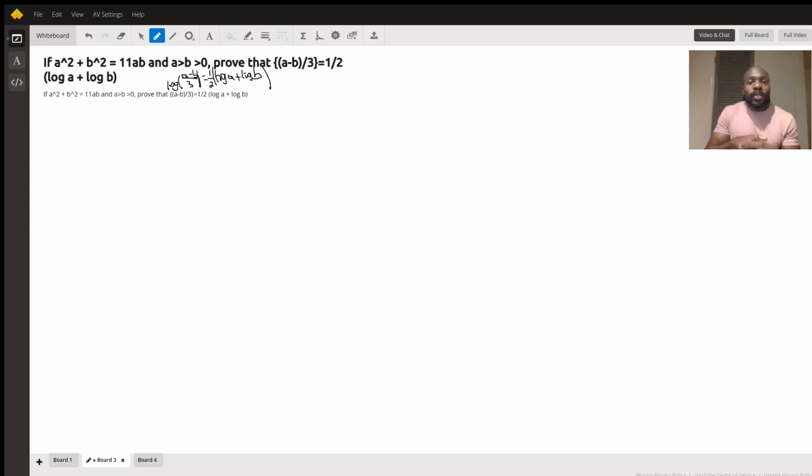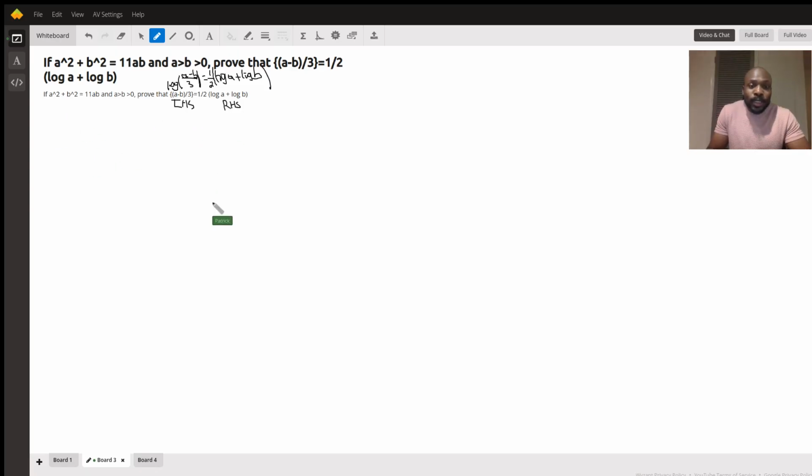So we want to start with one side of what we have to prove. Are we going to start with the left side, or are we going to start with the right-hand side? It's really up to you and whatever you see that is easier to work your way through. Let's start with the right-hand side.